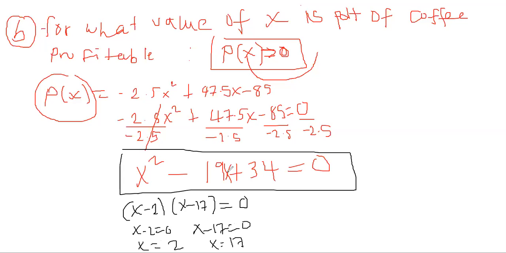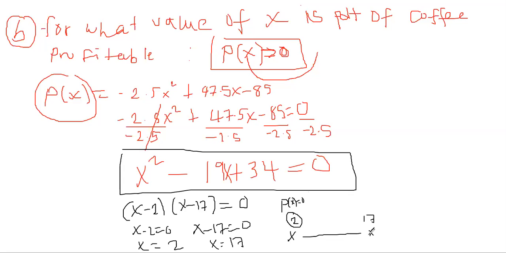So the question was, at what level of production? So between x equals 2 and 17, this is a level. Here, the profit will be 0. That is when x equals 2, profit will be 0.